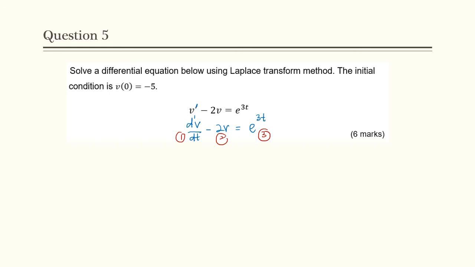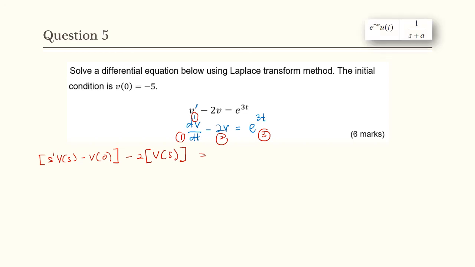Okay, for the first component, dv over dt. Since the power is 1, your s is to the power of 1. So s Vs minus v0 for the first component, then minus the second component. There's no prime, no differentiation, so it is Vs, equal to the third component, e to the power of 3t.